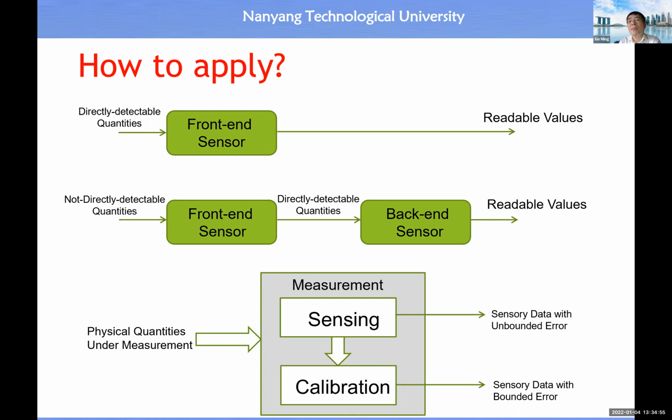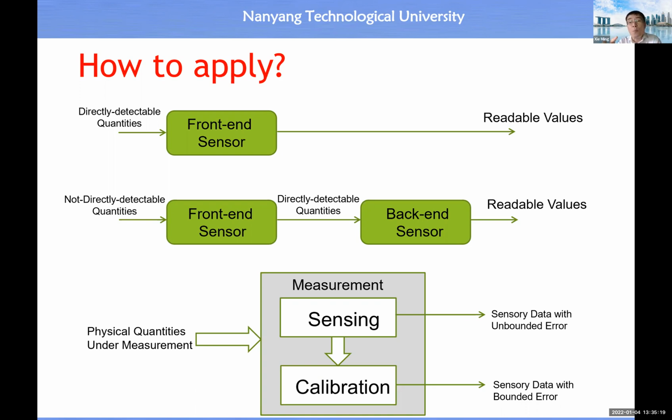In addition, the unit of measurement assigned to the output should be exactly equal to the unit of measurement of the physical quantity at the input, all right? So calibration will help you to rectify the error and rectify the unit of measurement.